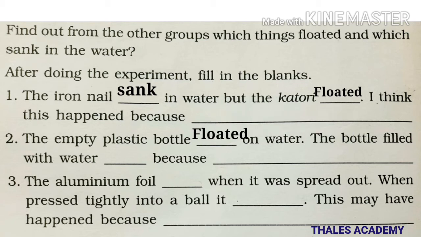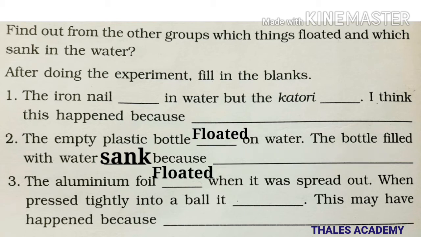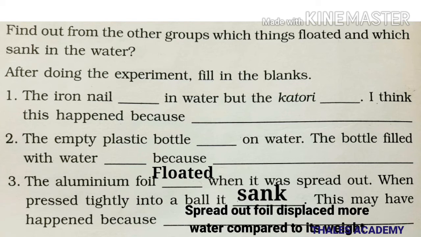The bottle filled with water sank because weight of the filled bottle was more than the displaced water by it. Third one, aluminium foil floated when it was spread out. When pressed tightly into a ball, it sank. This may have happened because spread out foil displaced more water compared to its weight.